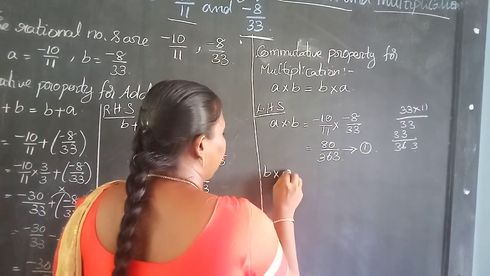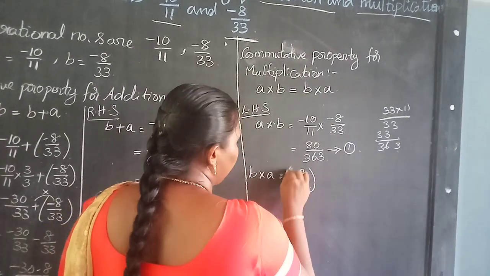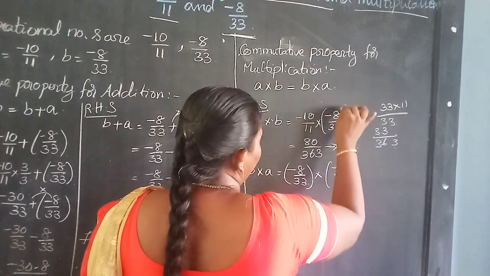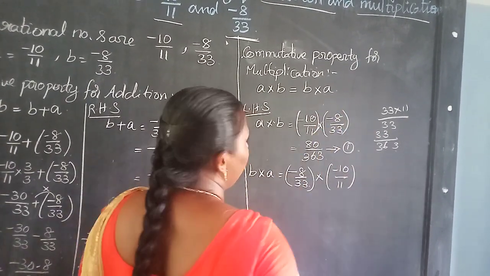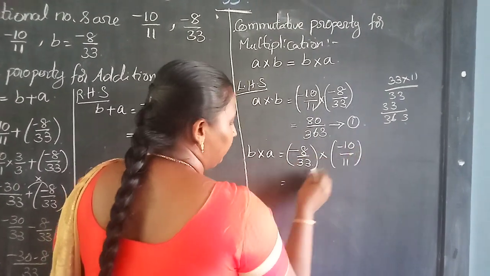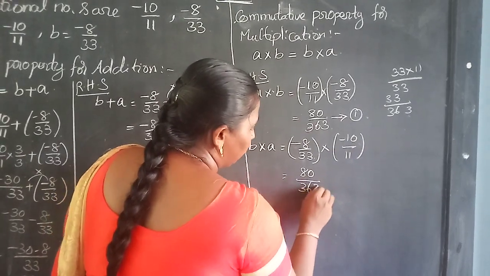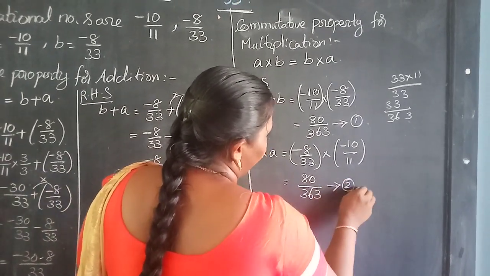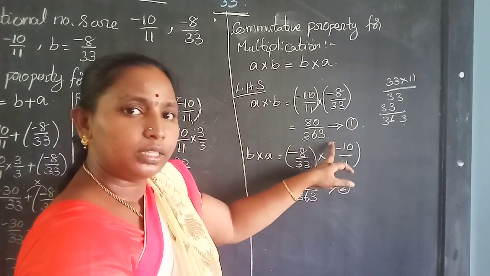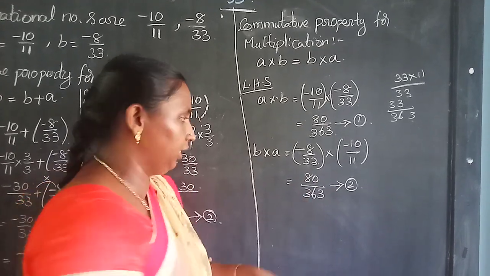Next B into A. B is minus 8 by 33 into minus 10 by 11. Whenever you got minus, you have to write it in the brackets. So here minus into minus plus, 8 tens are 80. Again 33 11s are, you get 363. Equation number 2. So observe this, A into B you got 80 by 363. B into A got 80 by 363.